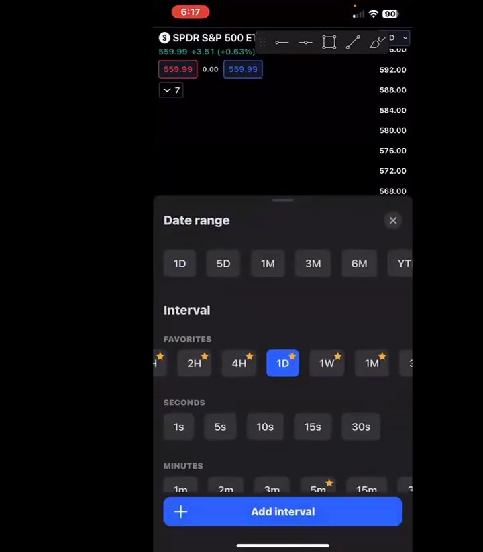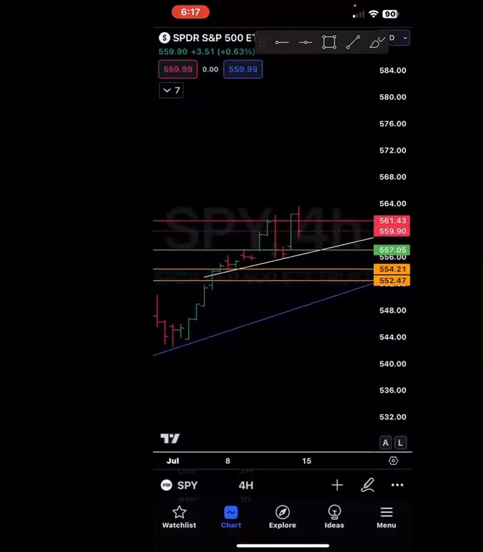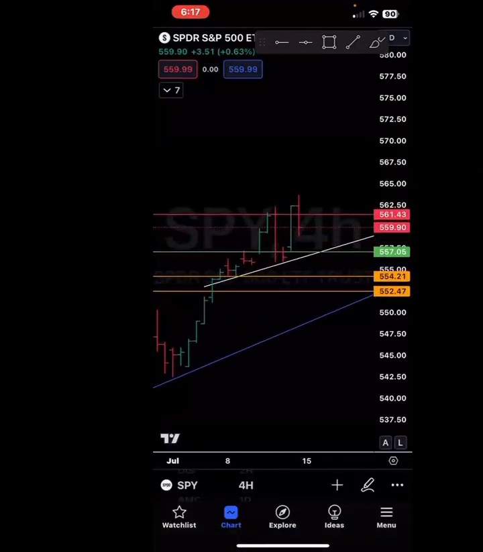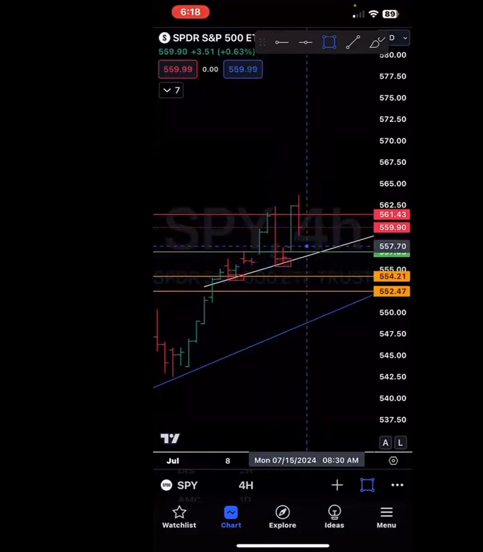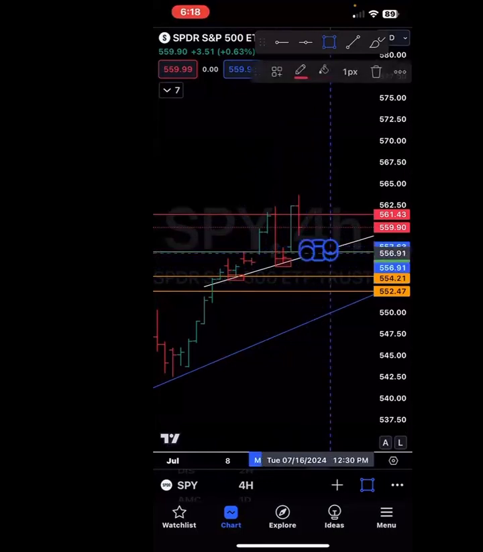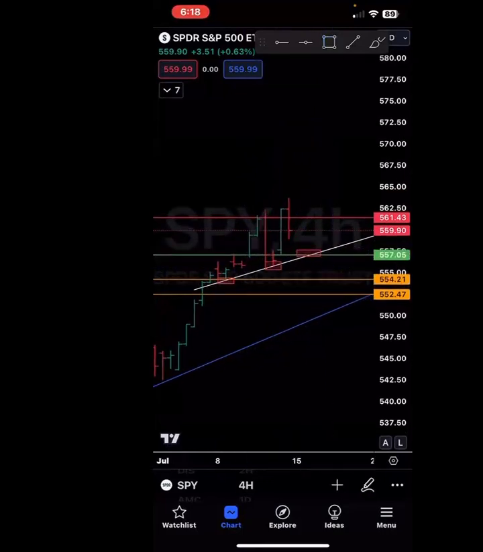So far we have two bounces on support. We have a bounce here, and then we have a bounce here. So as long as we keep these levels right here, those levels are holding, we can always buy calls off of this white trend line.